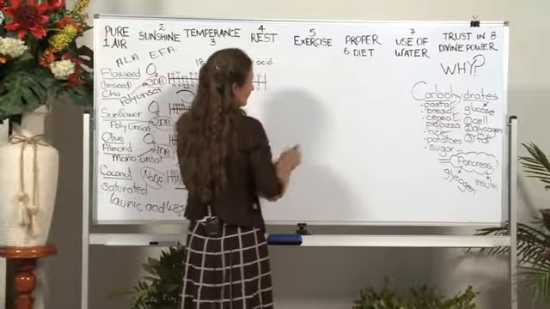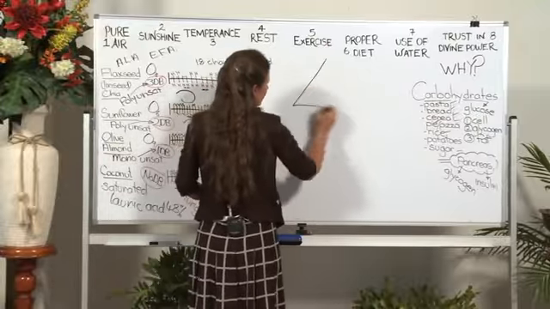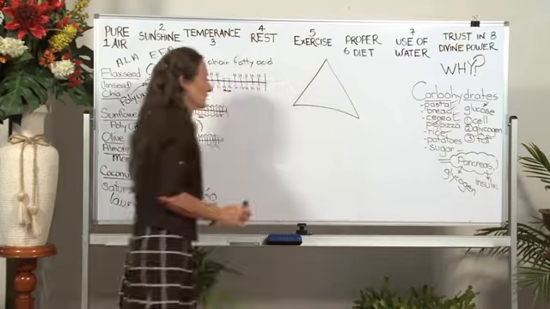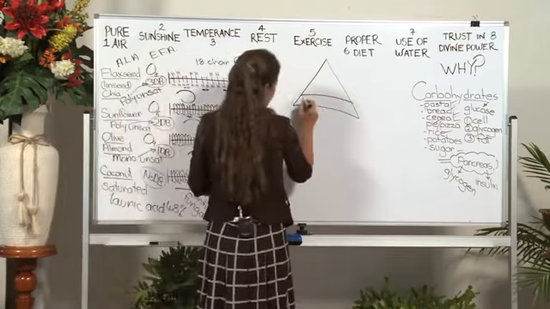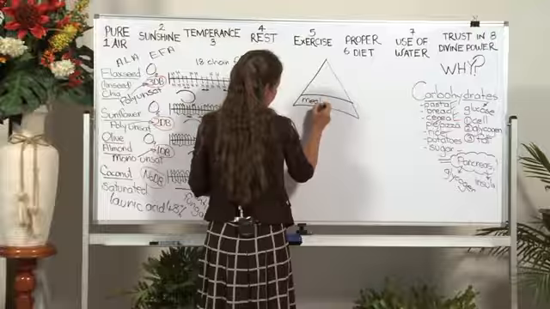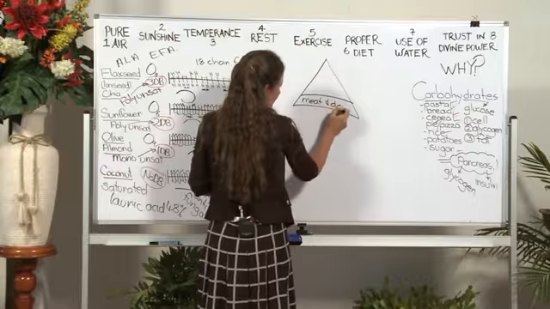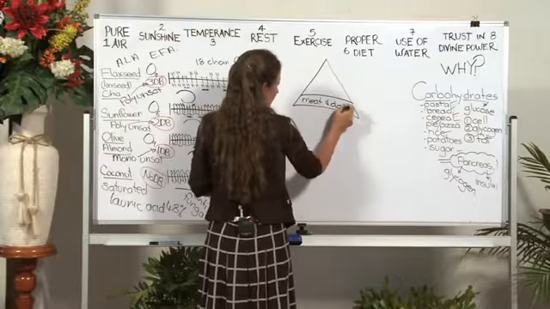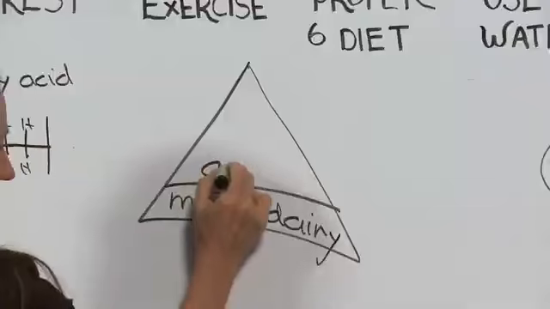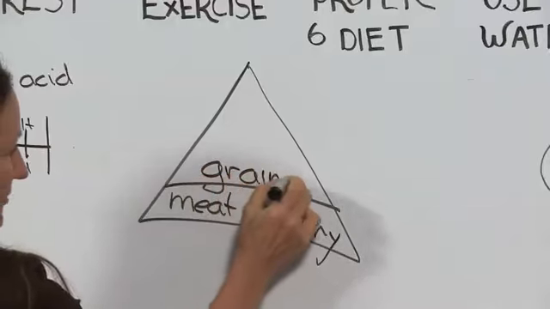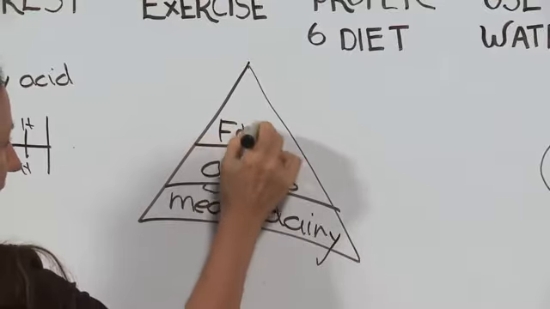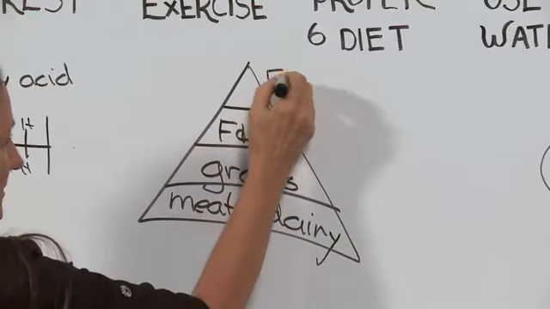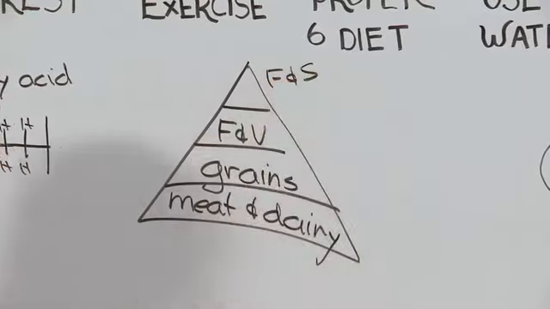When I was at school, there was a triangle in the Common Sense Cookery book. And the bottom rung of the triangle was meat and dairy. The next rung of the triangle was grains. And the next rung of the triangle was fruit and vegetables, and right up the top were fats and sugars.